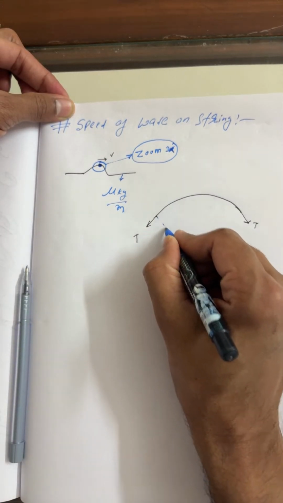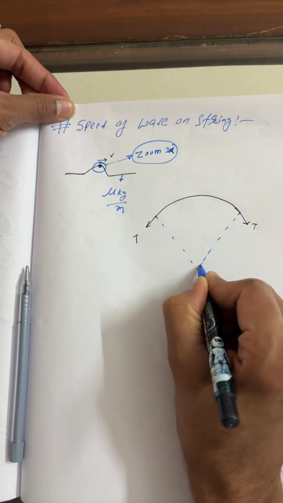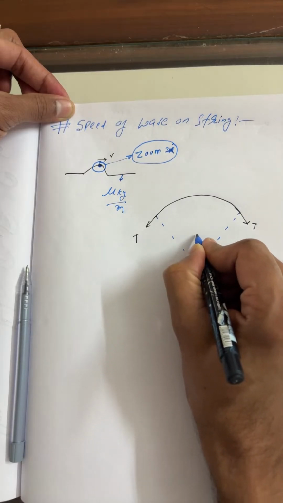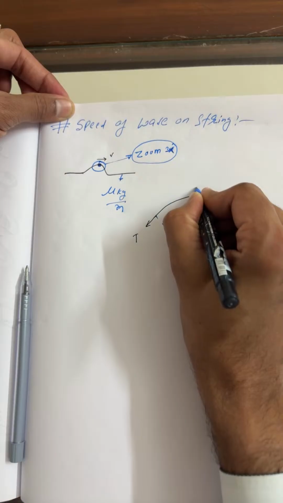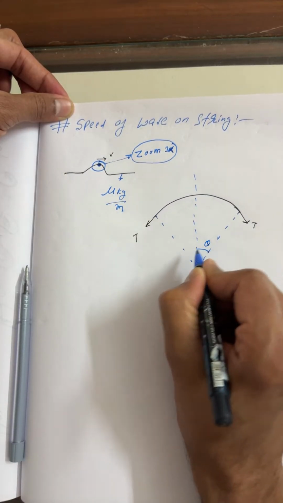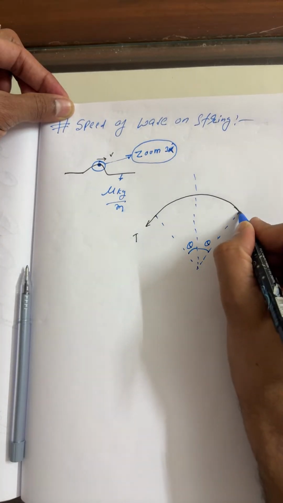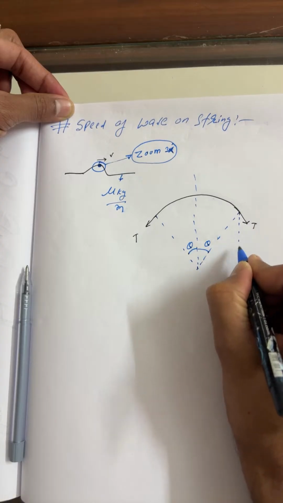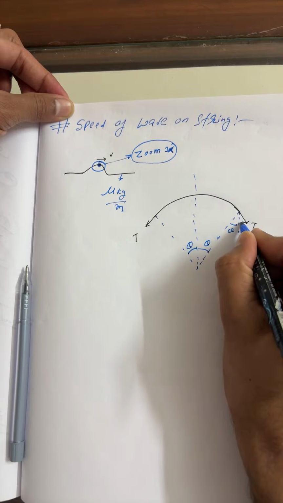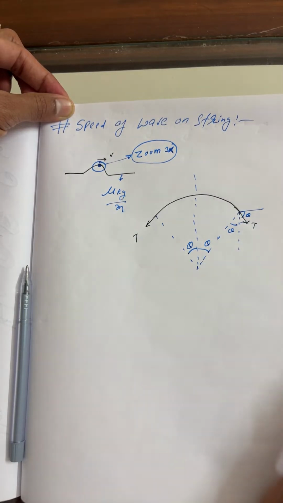So let us say this is the intersection point. There are a few points to keep in mind. Let us suppose I'm considering this angle as theta. So this angle is theta, and this one is 90 minus theta.